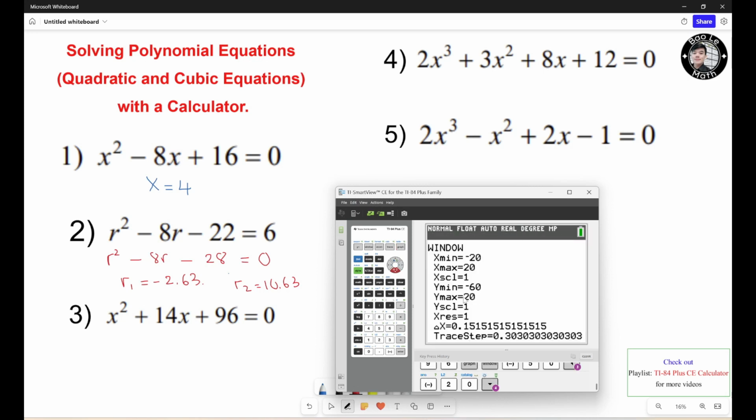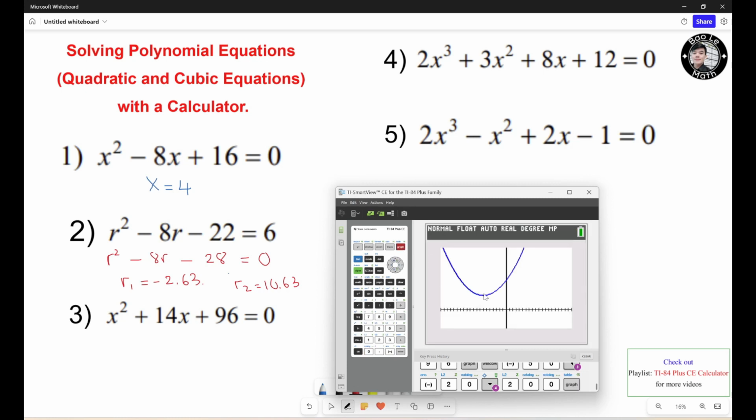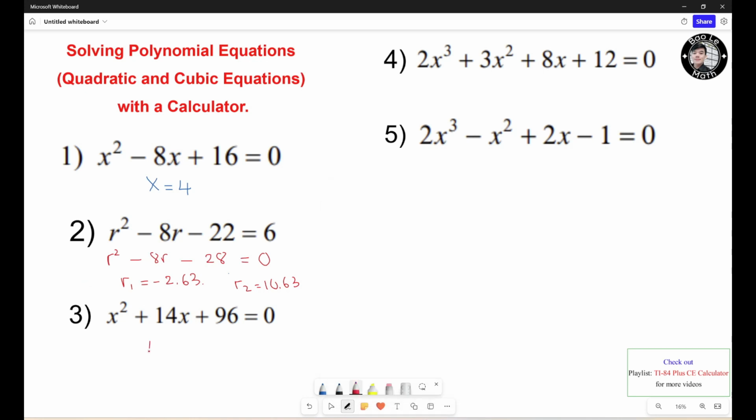Y max right here, you need to increase the Y max, so it's going to be like 200. You hit graph, it's right here. Observe that because the graph does not touch or intersect the x-axis, the equation has no solution. So this one, no solution.